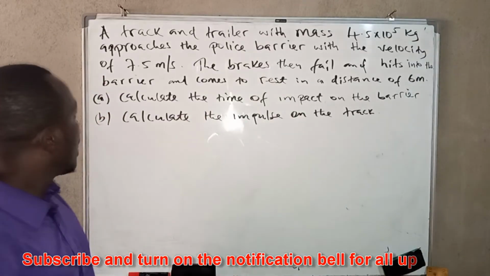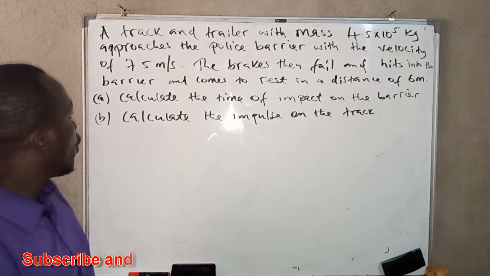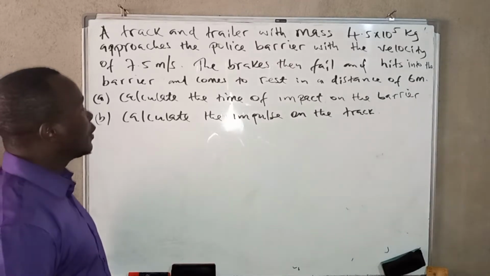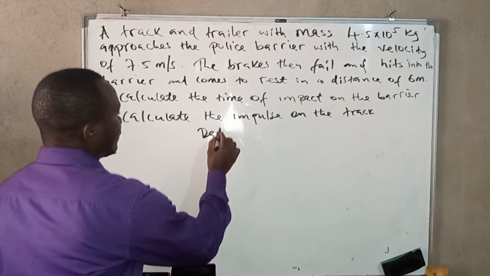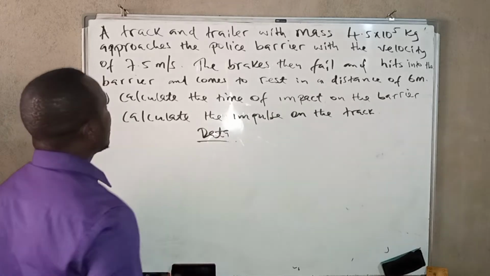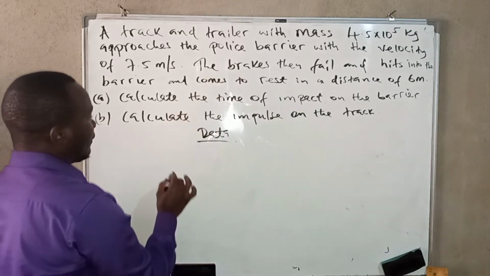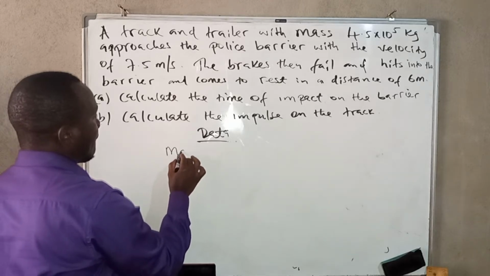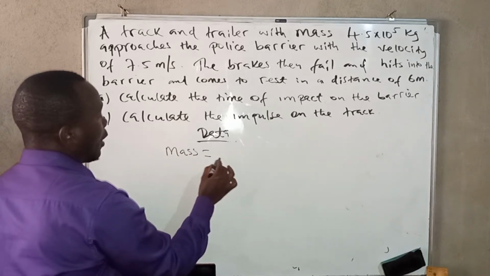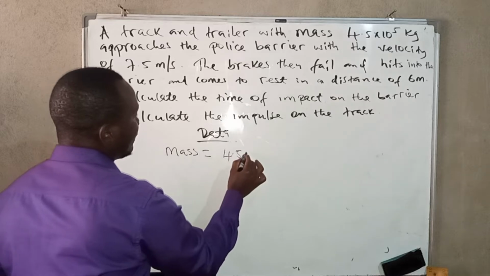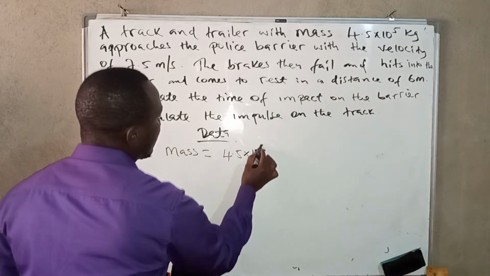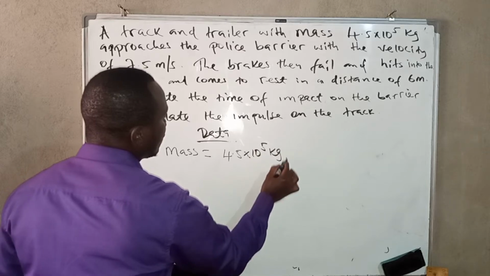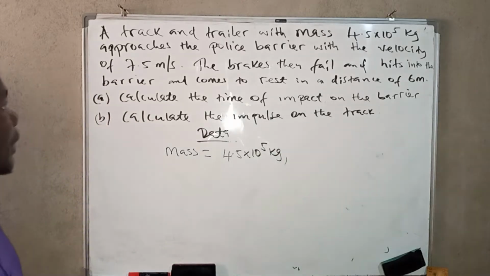Without even wasting time, we are going to come up with the data that we have. So we have the mass of the truck and trailer, which is 4.5 times 10 to the power 5 kg. What else do we have?